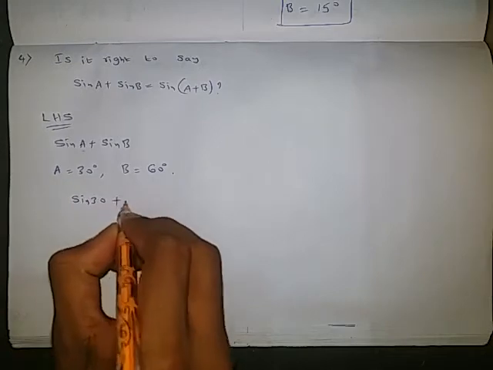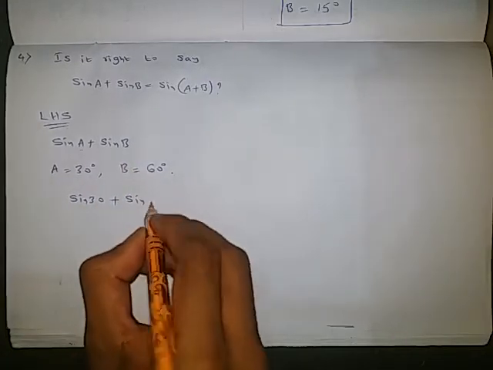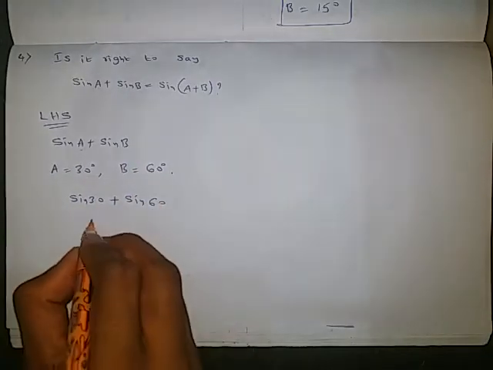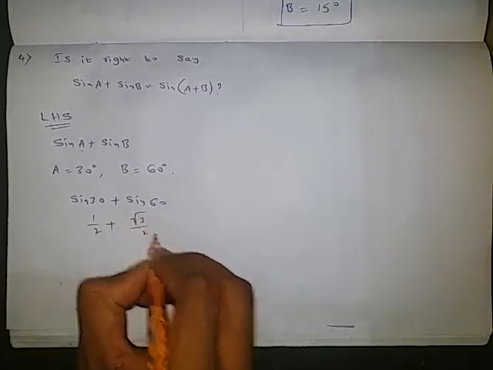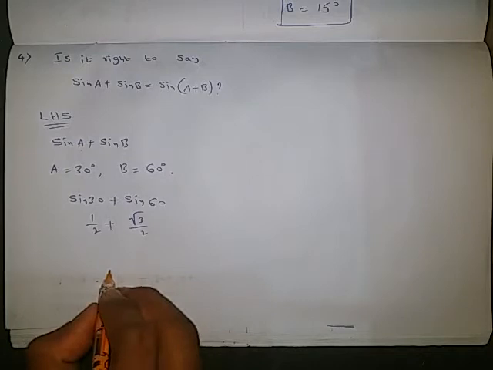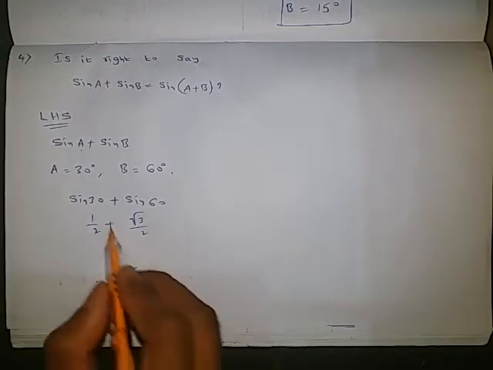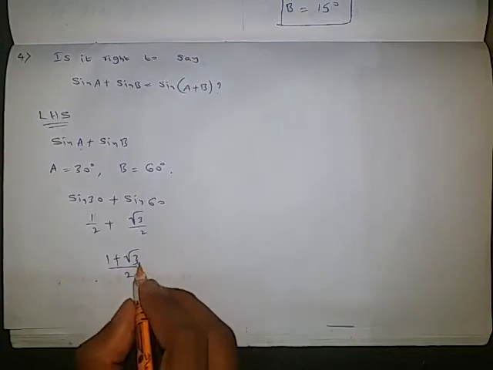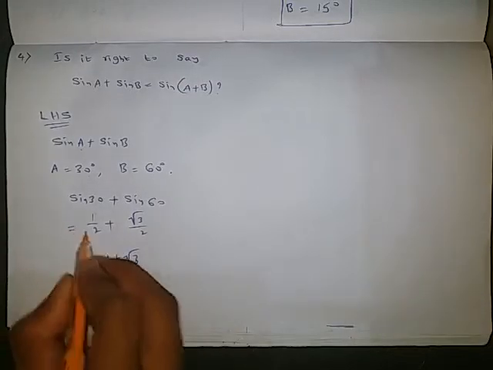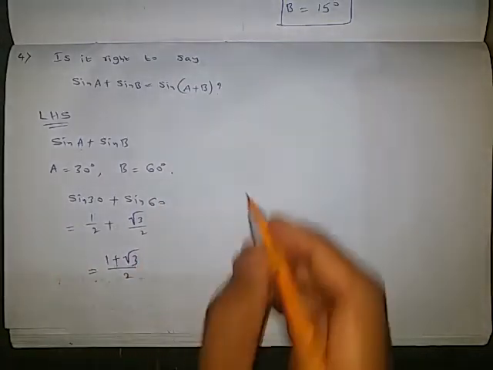Sine 30 plus sine, in the place of b, 60 degrees. Sine 30 is 1 by 2 plus sine 60 is root 3 by 2. Here both the denominators are the same, so let us add the numerators, that is 1 plus root 3. Root 3 is an irrational number, so further simplification is not possible, that's why I am keeping it like that only.